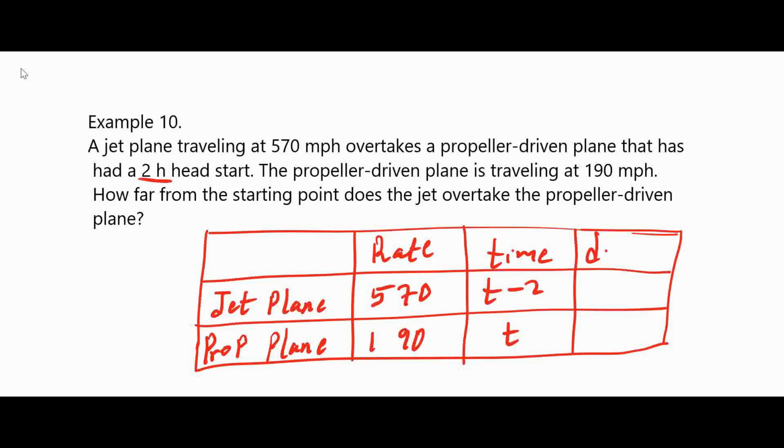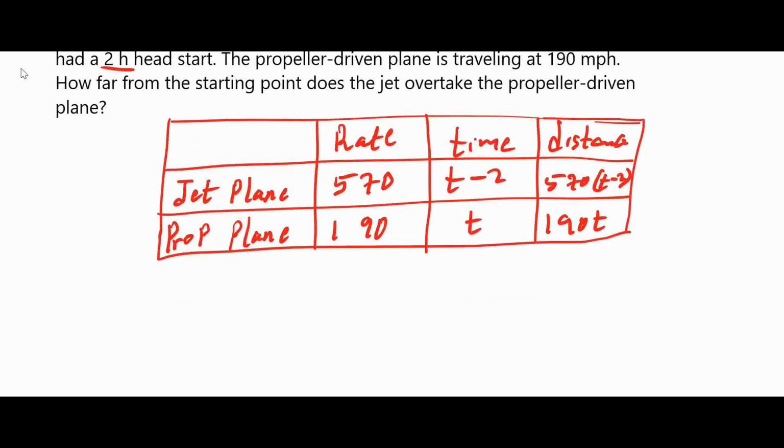So the distance would be 570 times t minus 2, while this would be 190 t. All right, so we can set the distance to be equal. So 190 t is equals to 570 t minus 2.